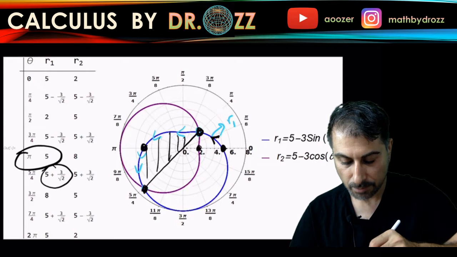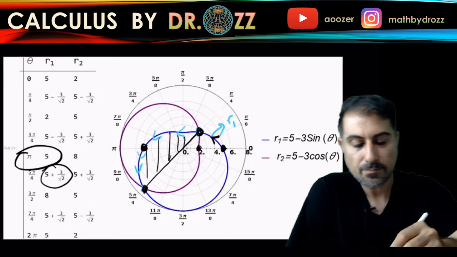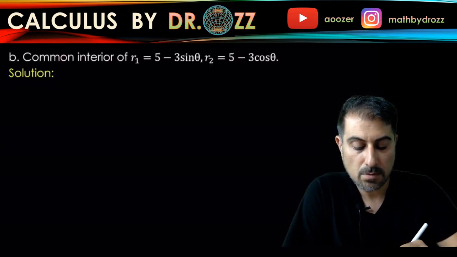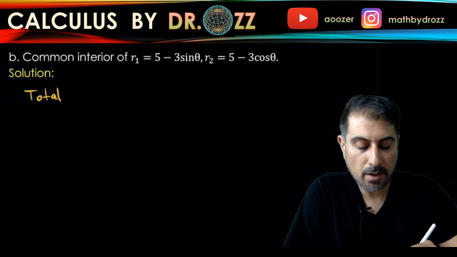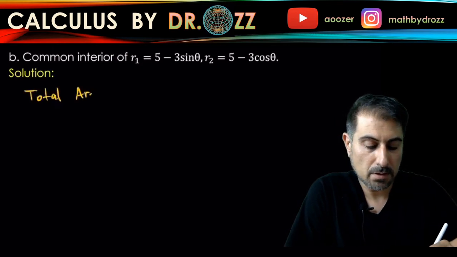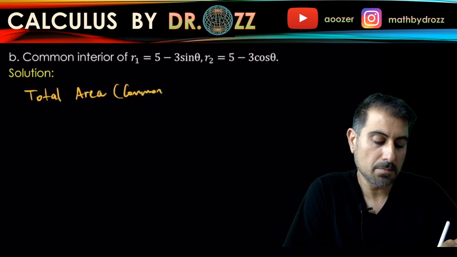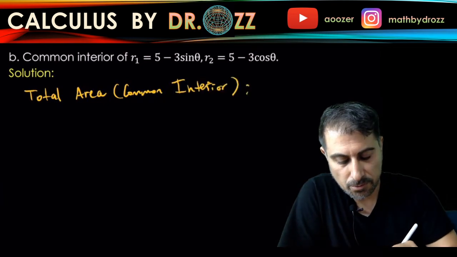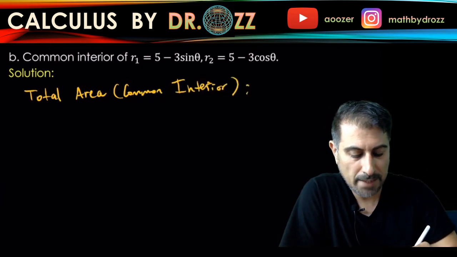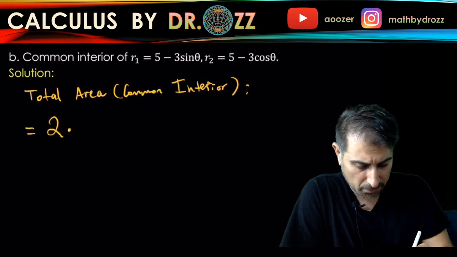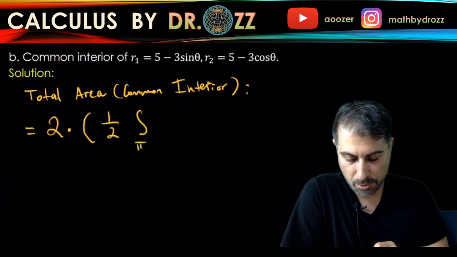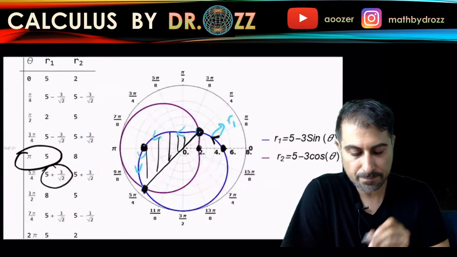All right, so let's see what we can do for it. Total area of the common interior is going to be, first of all, 2 times 1/2, going from pi over 4 to 5 pi over 4, and we're working with R1.